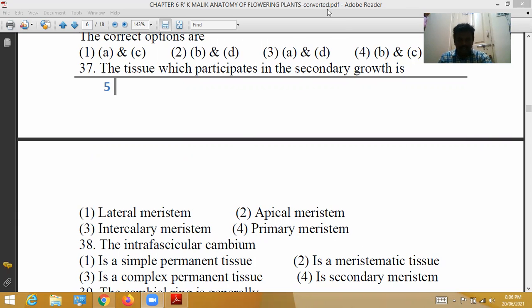The roots and stems grow in length with the help of apical meristem. This is called primary growth.